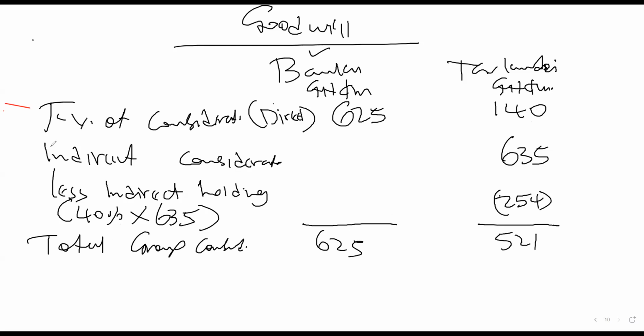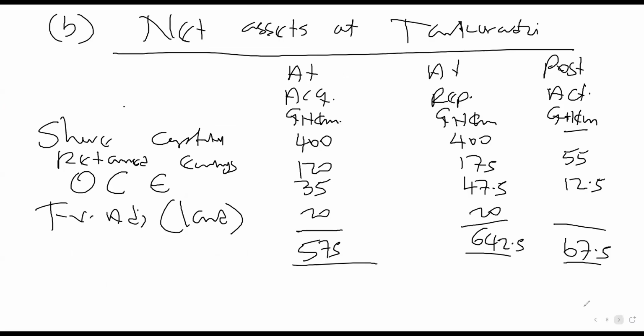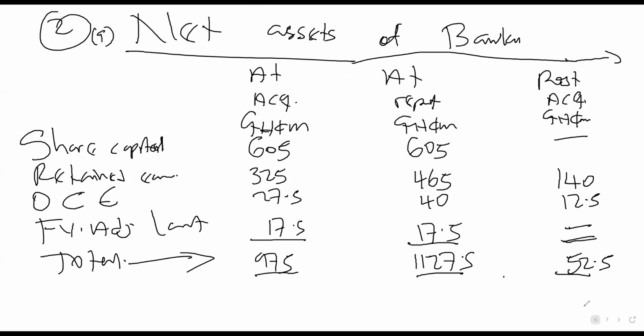Then, once you are using the proportionate interest method, say less net assets, parent share of net assets of the sub. Go back to the asset side. Leave space again. Net assets of Boko at acquisition is what? 97.5. Find 60% of 97.5.